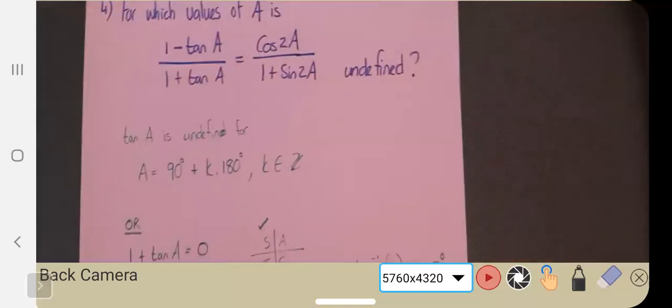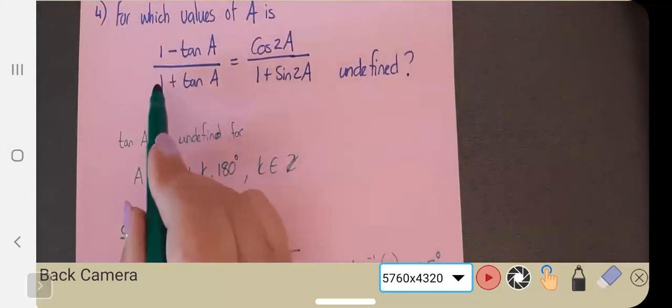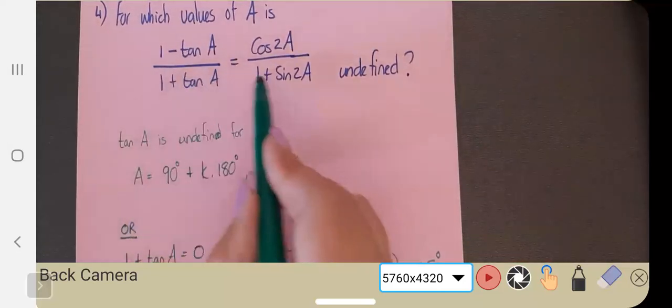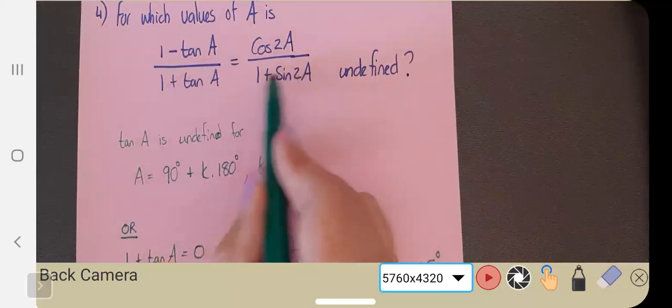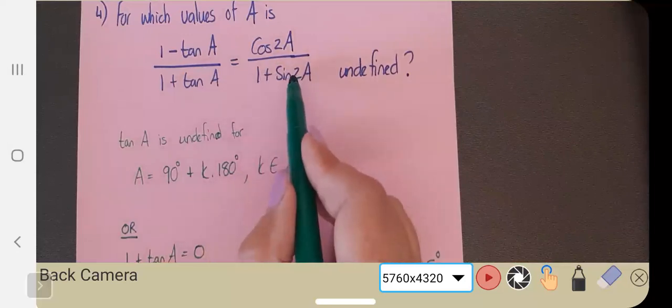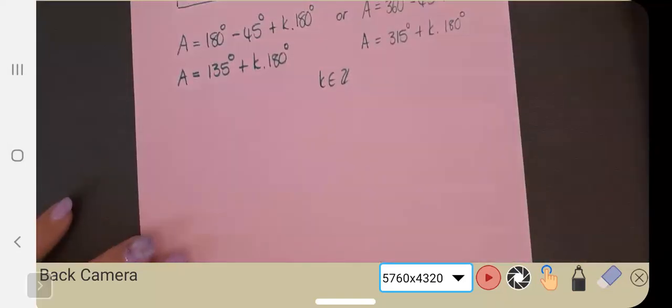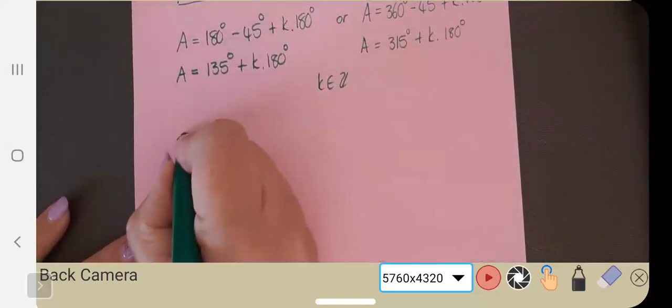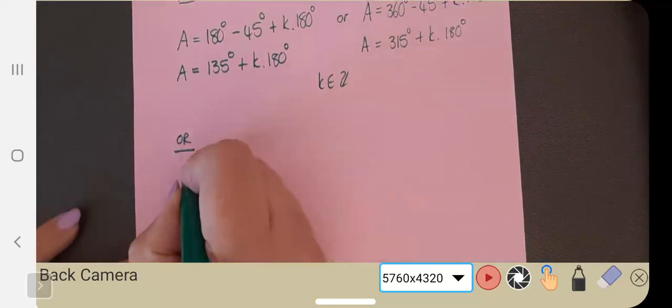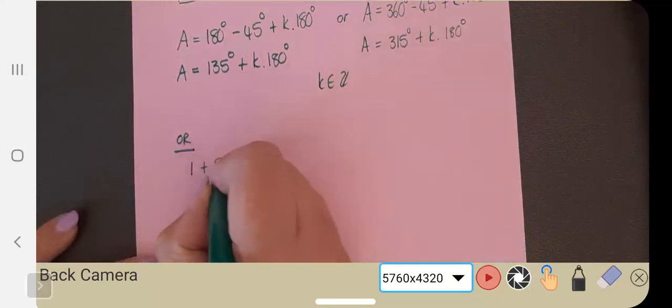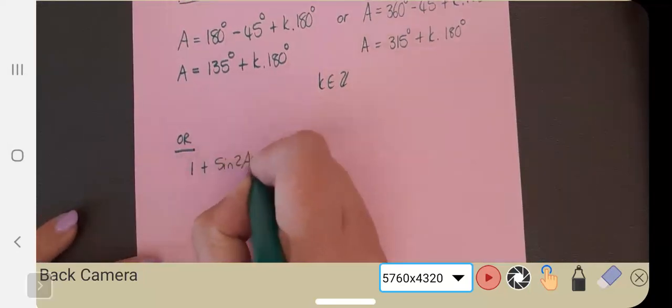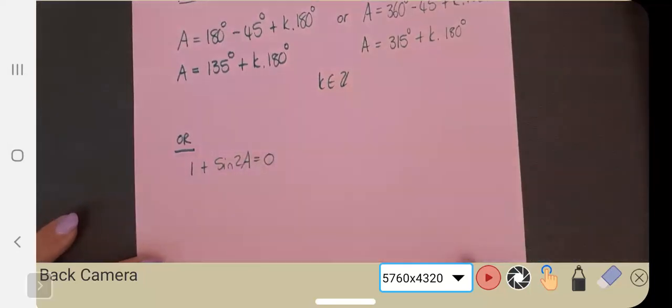Right. We covered tan. We covered this denominator. Now we must say if this one also is 0, it will be undefined. So we have a next "or": if 1 plus sine 2A equals 0.